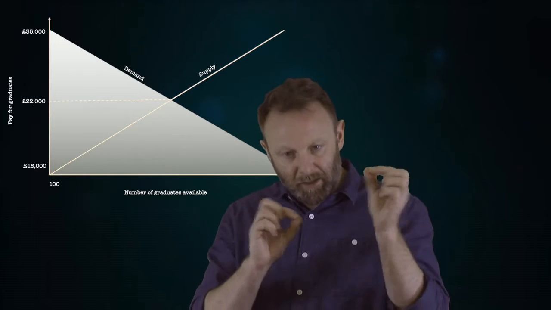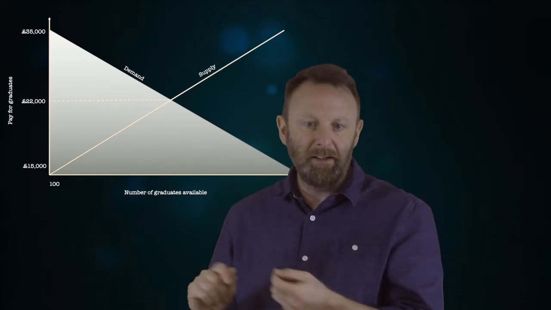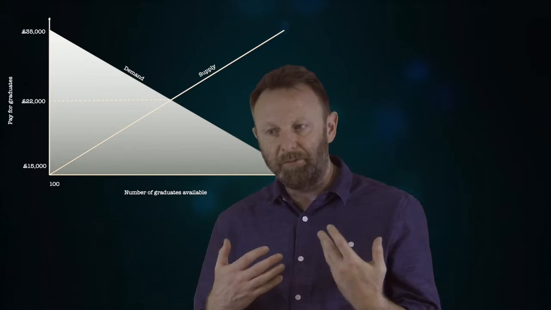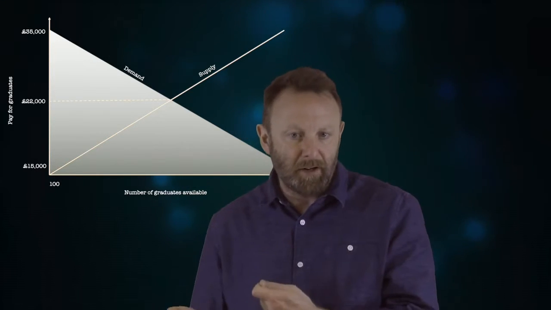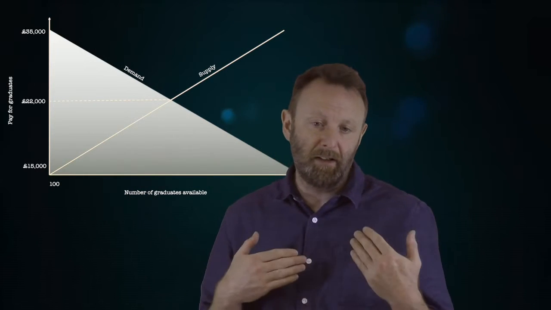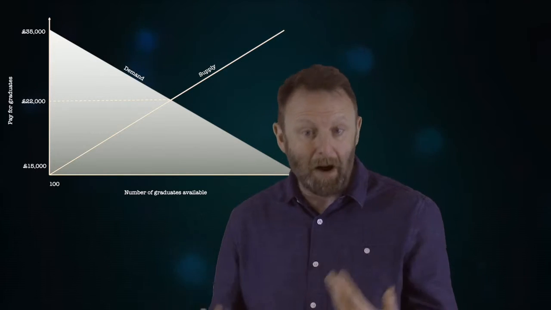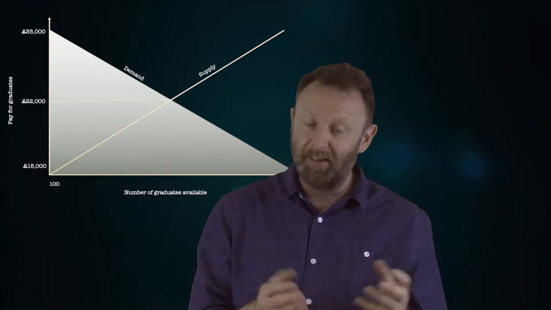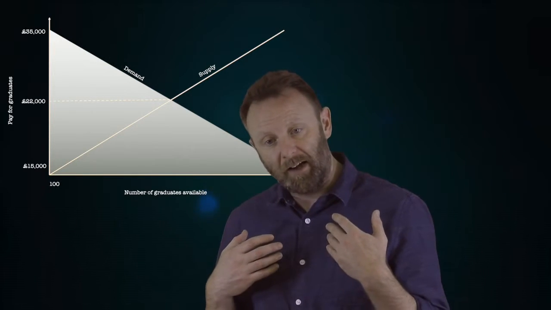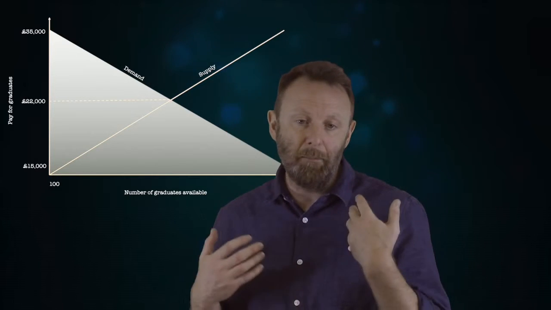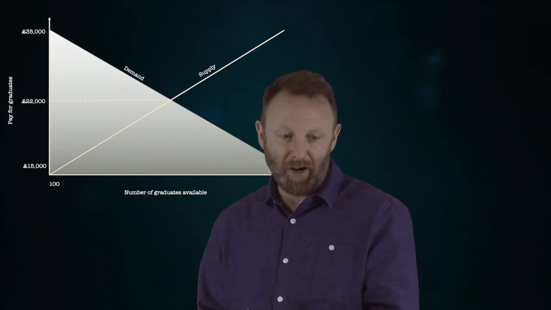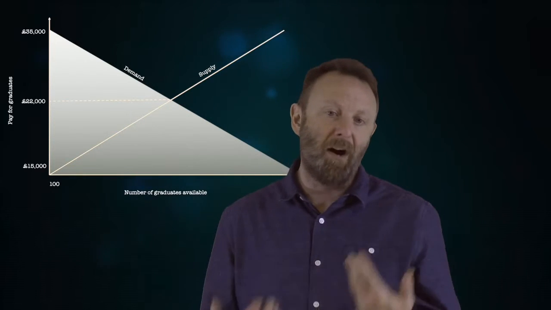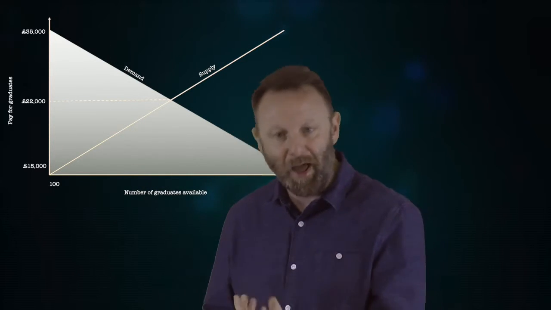So we can plot the supply and demand curves. We can think about how different employers are willing to pay at different rates, and how different employees are willing to sell at different rates. Where those curves overlap, we hit the market clearing rate, the point at which buyers and sellers as a whole agree around a broadly acceptable rate for labour, and that is the market rate in that labour market for that particular kind of work.